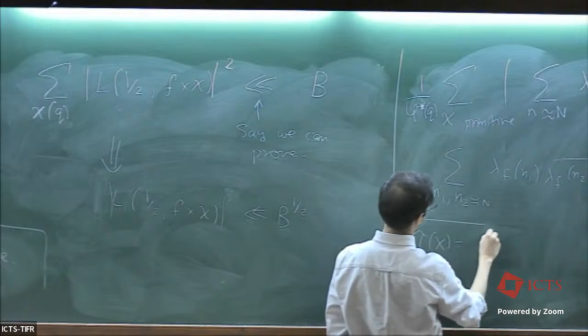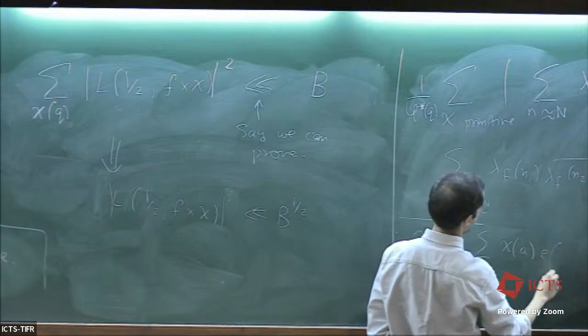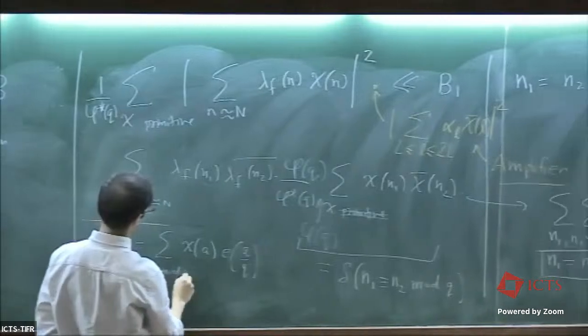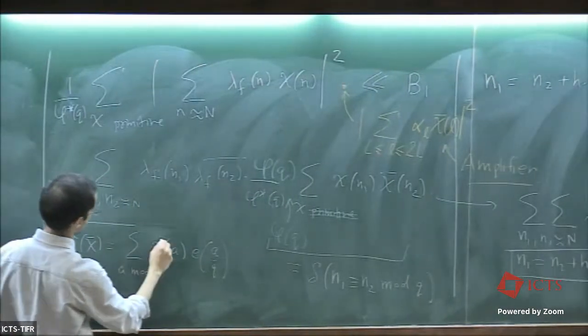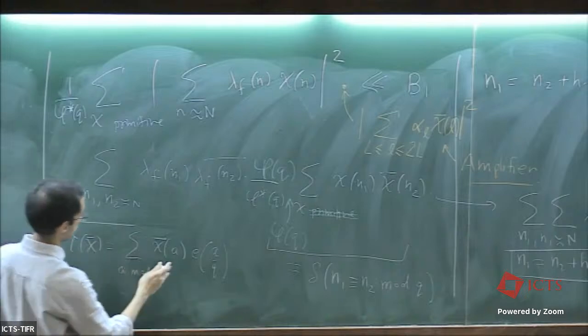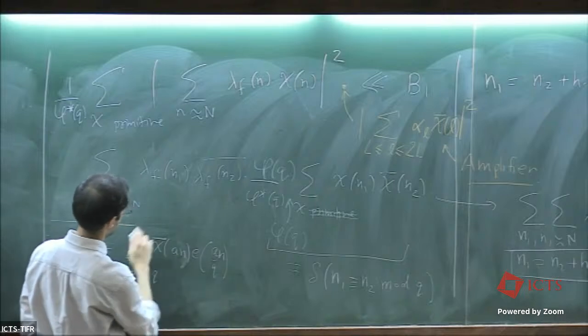So this is tau chi, chi a e a over q, where you have a modulo q. So let me write this over here like this. And then let's take n and q to be co-prime so that you have something like this. You have this, and this is multiplicative.